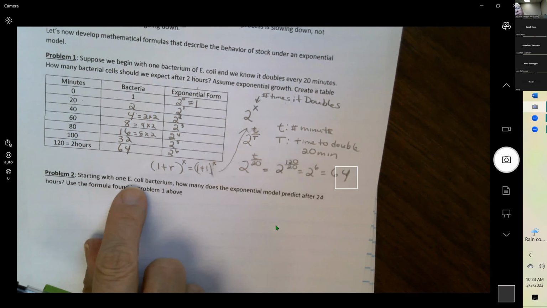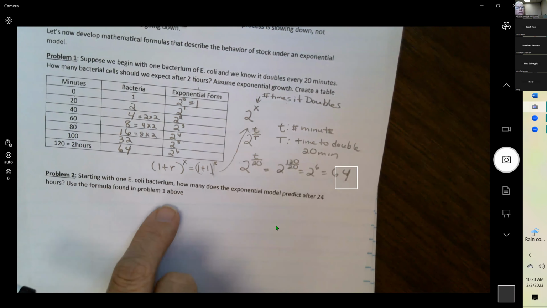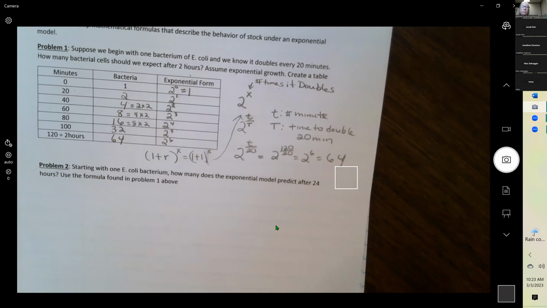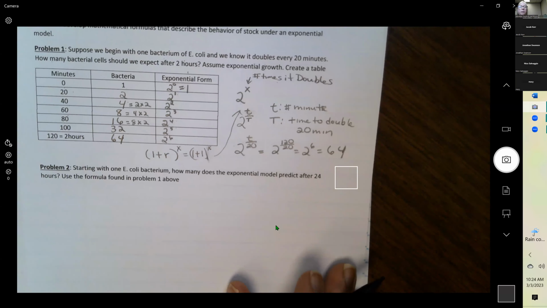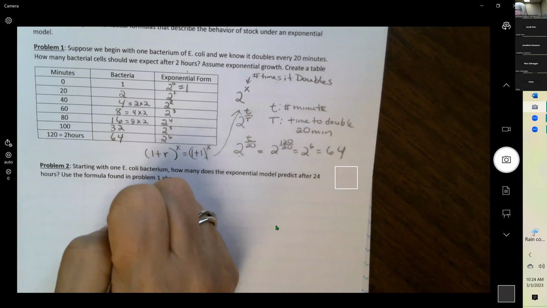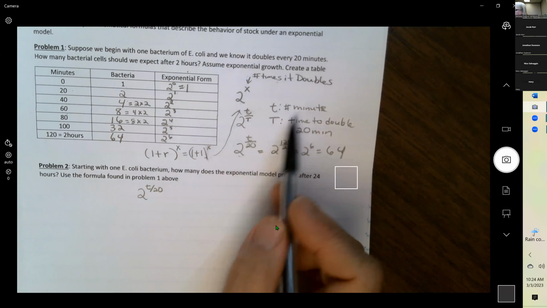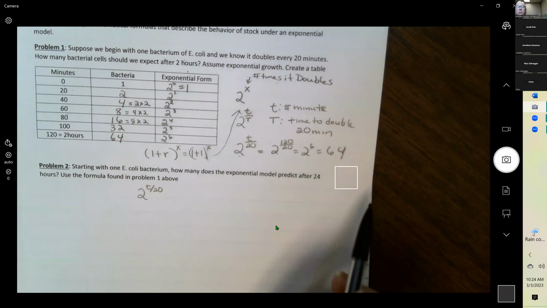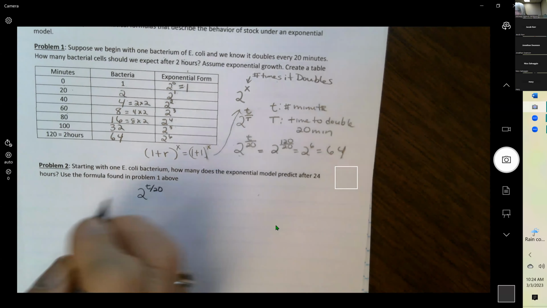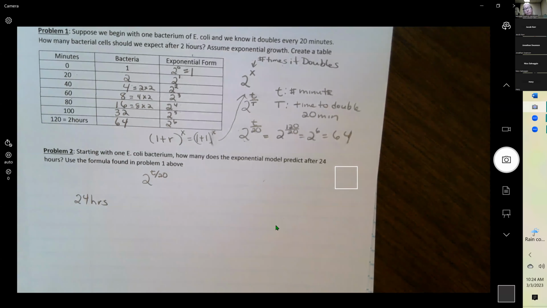Starting with E. coli bacteria, how many does the exponential model predict after 24 hours? We'll use this formula. But T is minutes, and they gave us hours. So we first have to convert that to minutes.